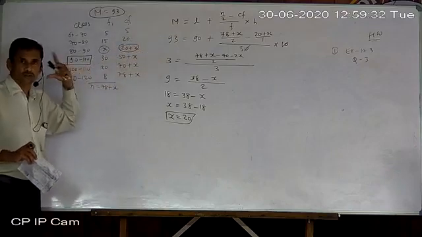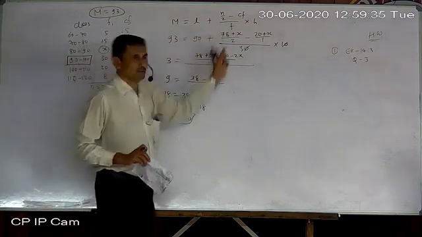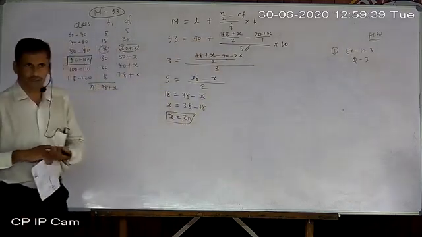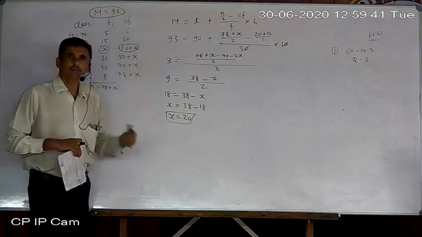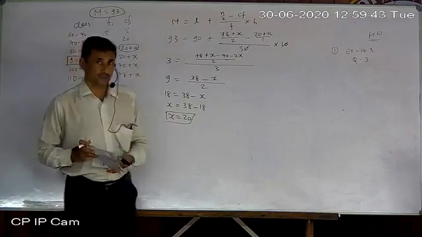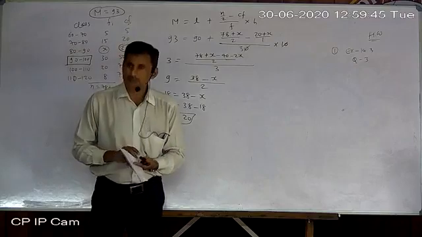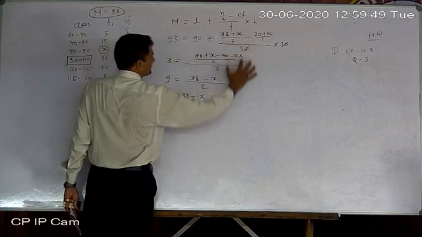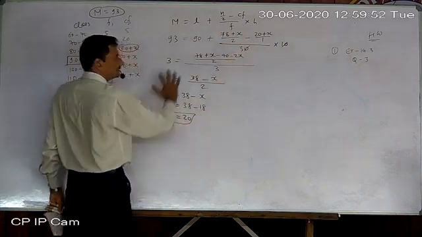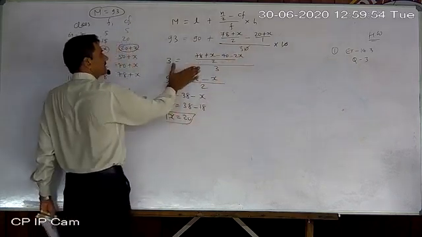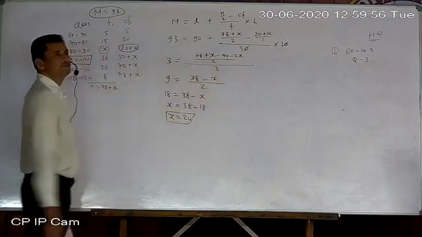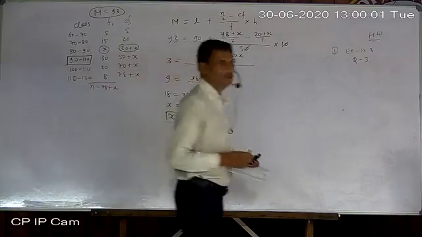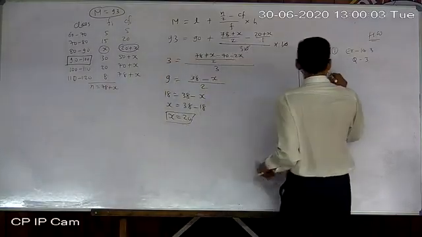Place all values, but be careful at simplification, because most students do all things right up to placing values, but then only they make mistakes because your basics are quite weak. So you make mistakes in these types of simplification steps. So be careful at this step. Okay. So this is the method for the median when one frequency is missing.